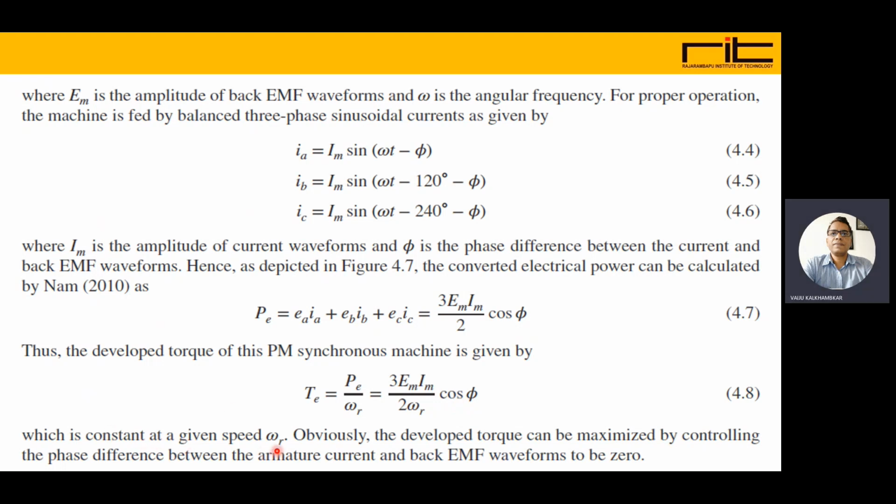Omega r is a constant at a given speed. So developed torque can be maximized by controlling the phase difference between the armature current and back EMF waveform to be 0. So phase difference has to be 0, then you can get this value as the maximum, as cos 0 will be 1 here.